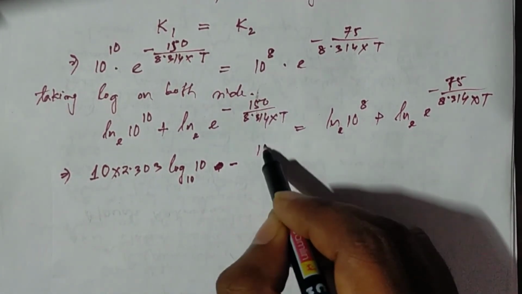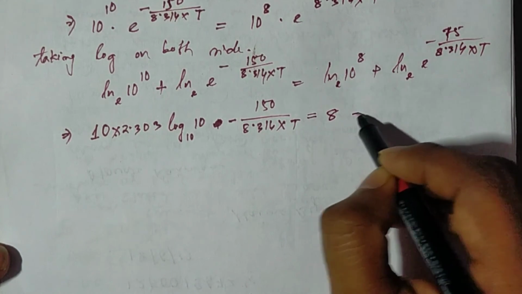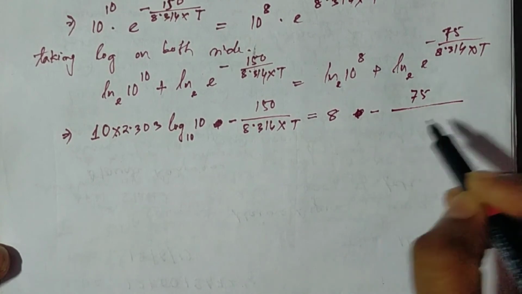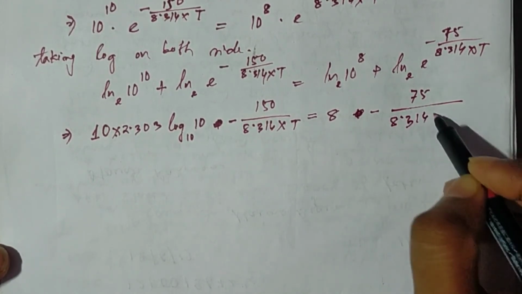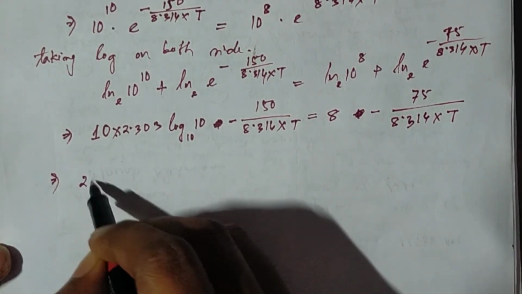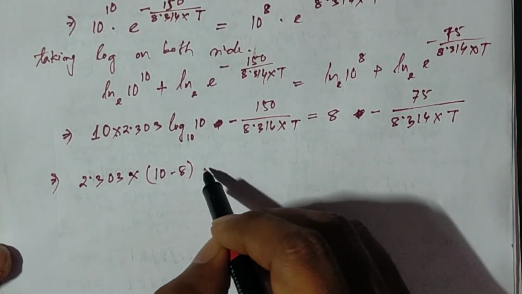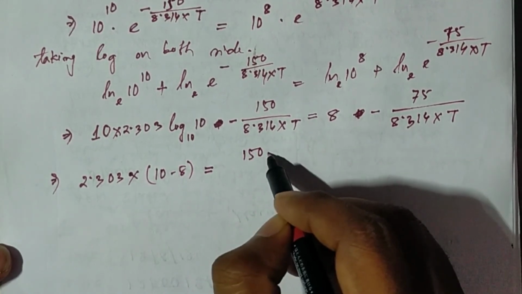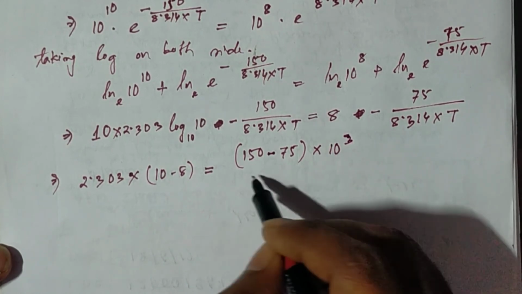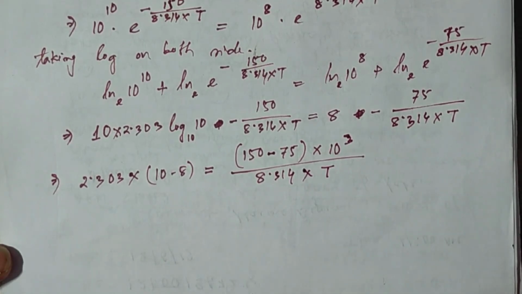So I have to write 150 by 8.314 into T is equal to 8 plus minus 75 by 8.314 into T. So we can write here 2.303 into 10 to the power minus 8 is equal to 150 minus 75 into 10 to the power 3 by 8.314 into T.